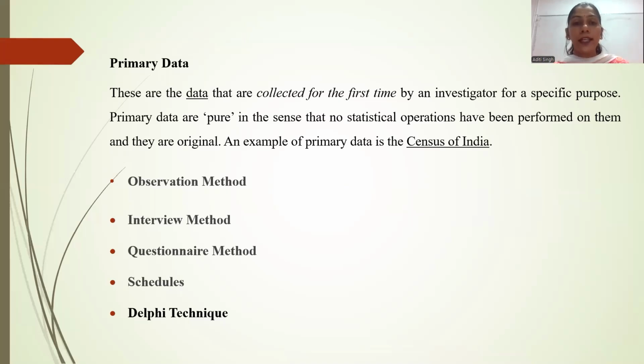What is primary data? Primary data is that which is collected for the first time by an investigator for a specific purpose. Primary data is pure data which has not been collected by anyone before. It is original data. A simple example of primary data collection is the Census of India.